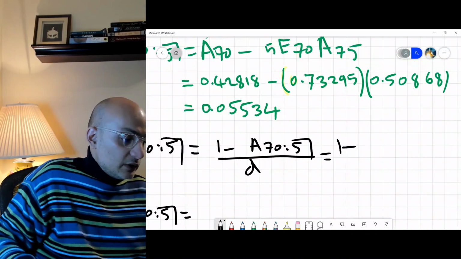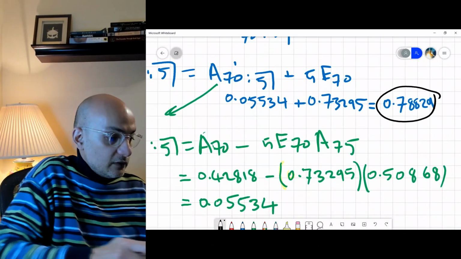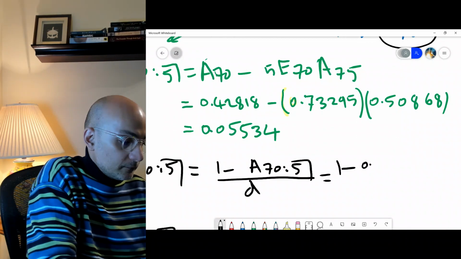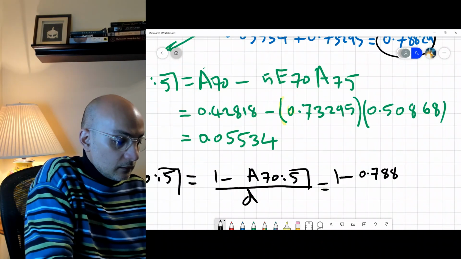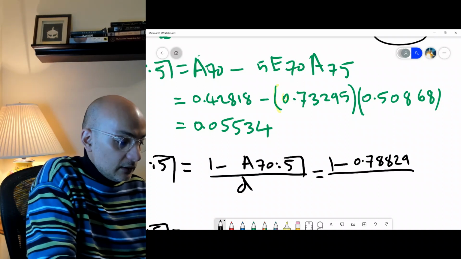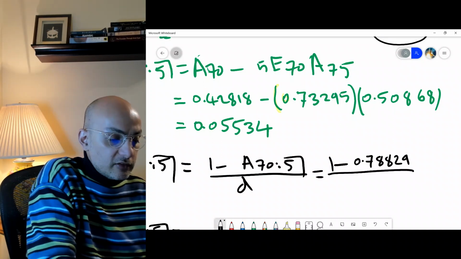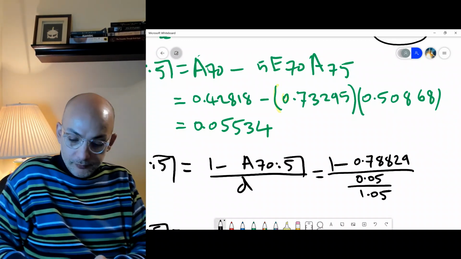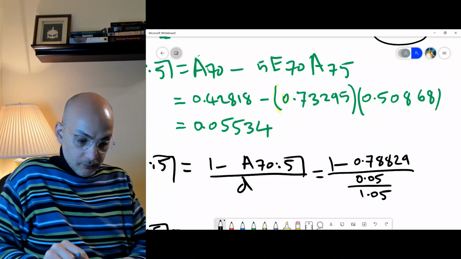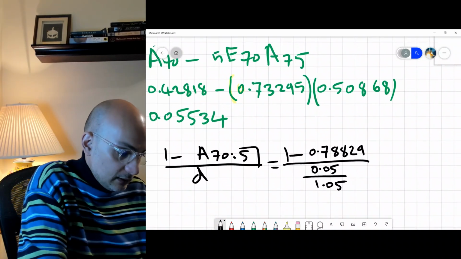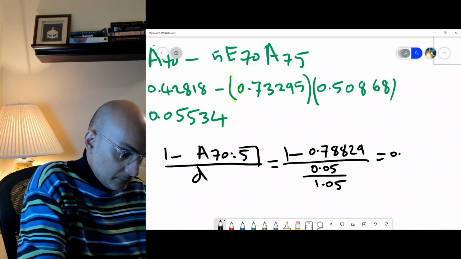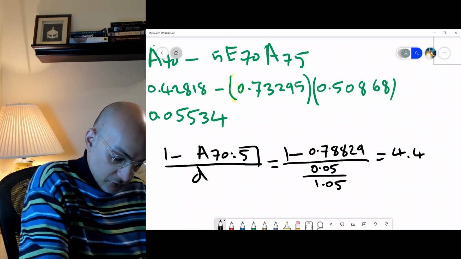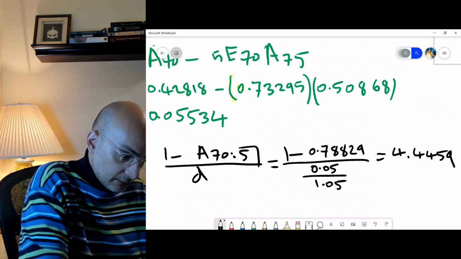It's 1 minus what we calculated here, 0.7889, divided by D, and for this life table you would see that i is 5%. You would get 14.4459. This is one way.